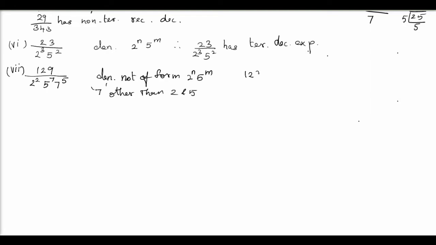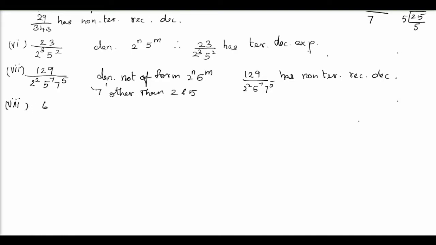Therefore, the given rational number has non-terminating recurring decimal expansion. Right? Okay, now let's pass on to subdivision 8.